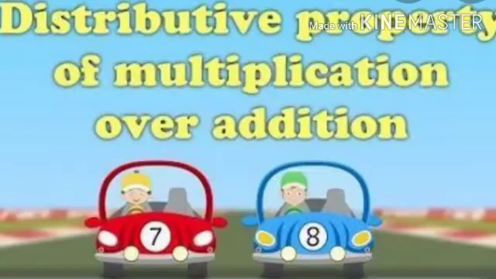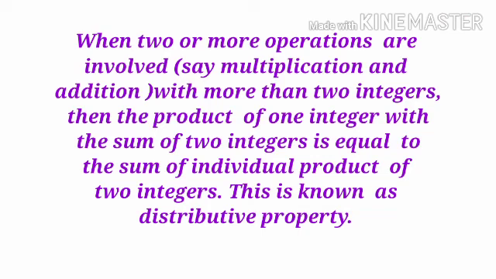Distributive property of multiplication over addition. When two or more operations are involved, say multiplication and addition, with more than two integers, then the product of one integer with the sum of two integers is equal to the sum of the individual products of the two integers.